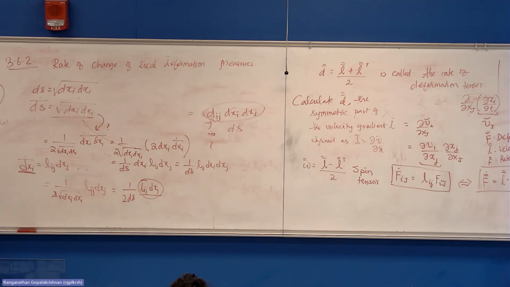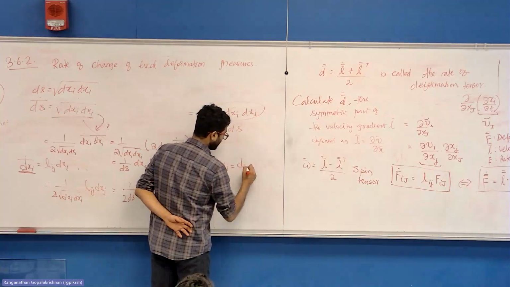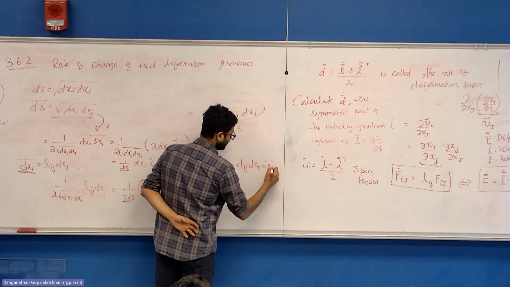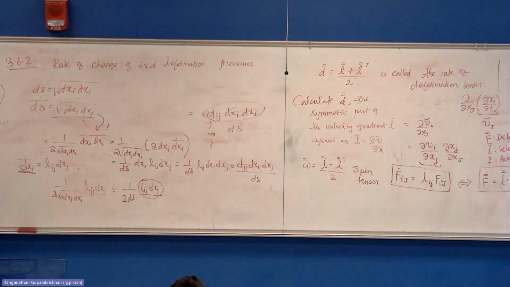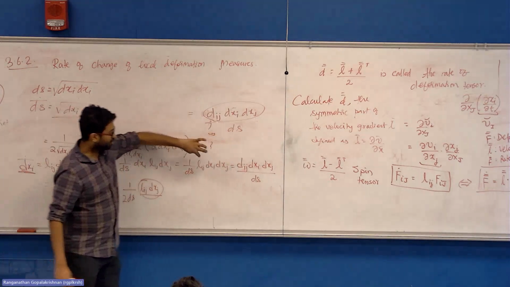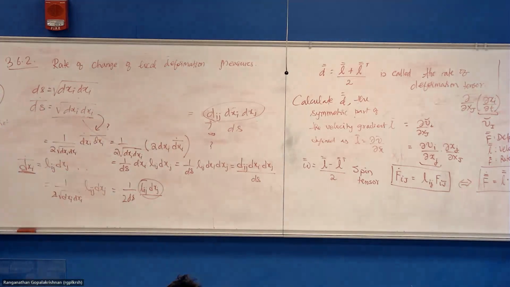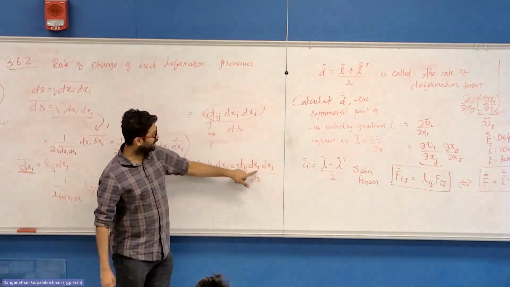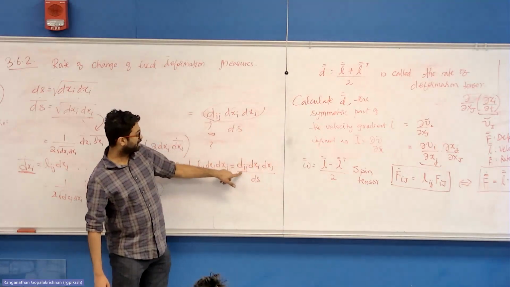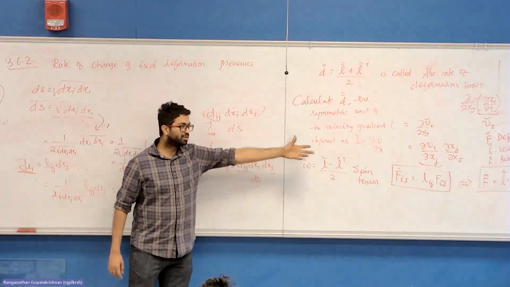And then the book makes a statement. This is equal to Dij dxi dxj divided by ds, where D is the symmetric part of L. And this is justified because the antisymmetric part contributes nothing. See, dxi dxj is symmetric. If L is split into D and W, W is antisymmetric.